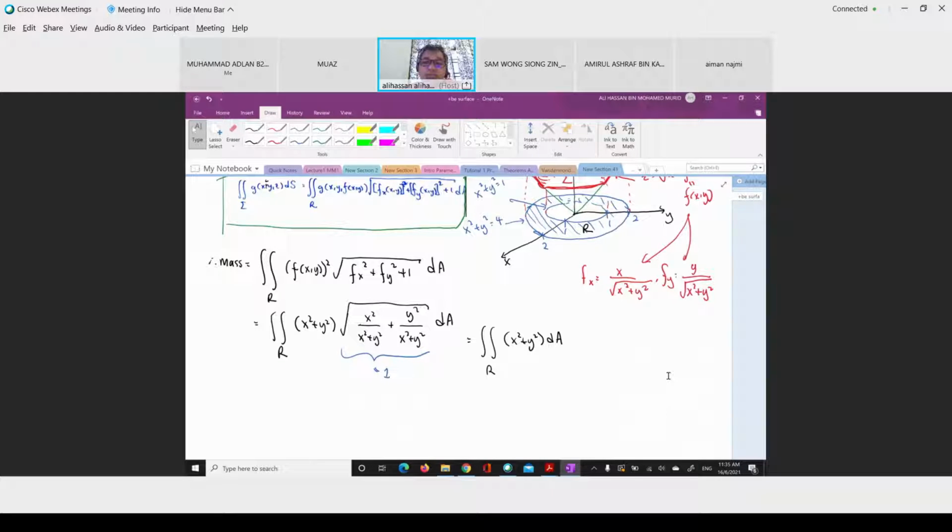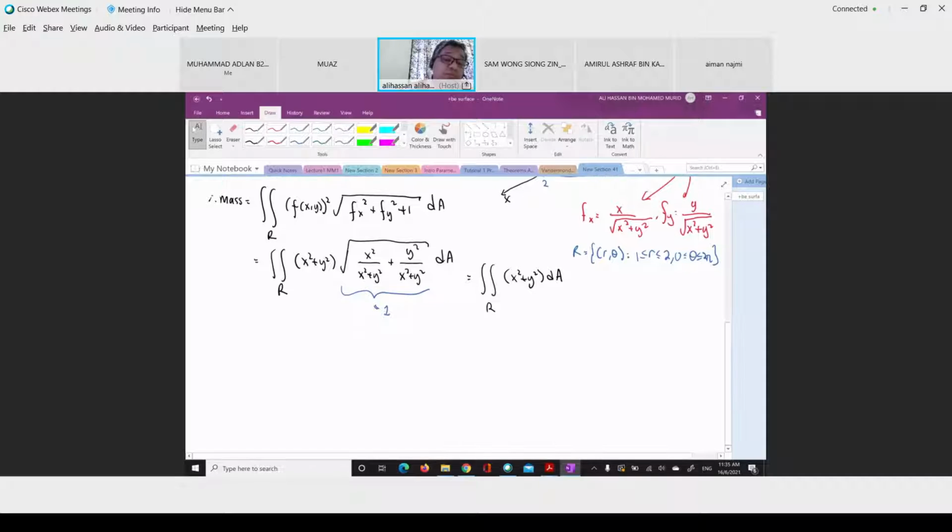So the region R, observe that the region R is (r, theta), where r is between the smaller radius 1 and the bigger radius 2, and theta is between 0 up to 2 pi, because this is a full circle. And we know x squared plus y squared equals r squared in polar coordinates.